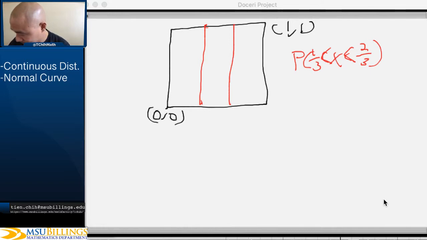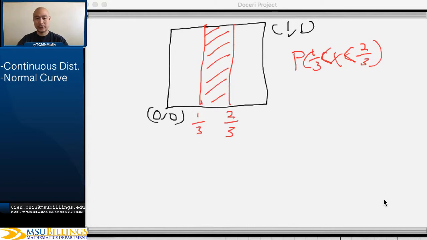And so we note that this is the region of our square whose x-coordinates are between 1/3 and 2/3. So that then turns out to constitute 1/3 of the entire square, right?